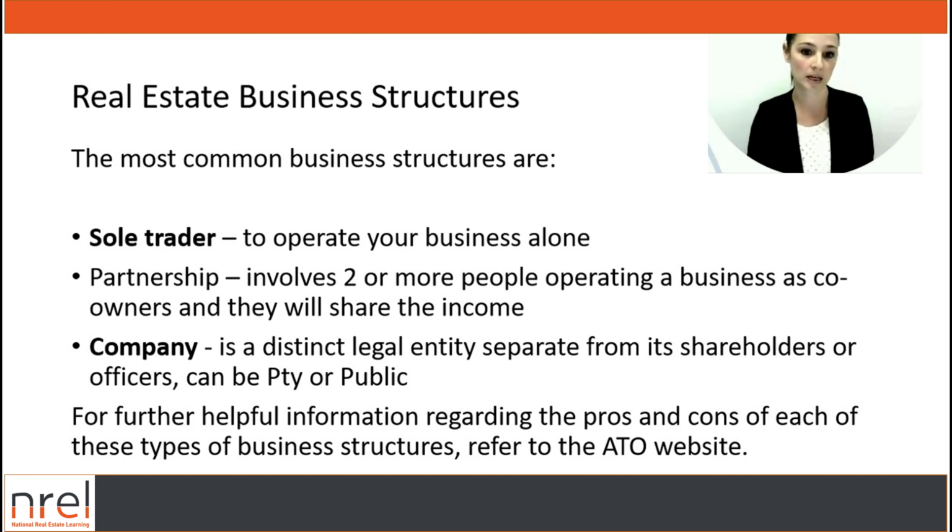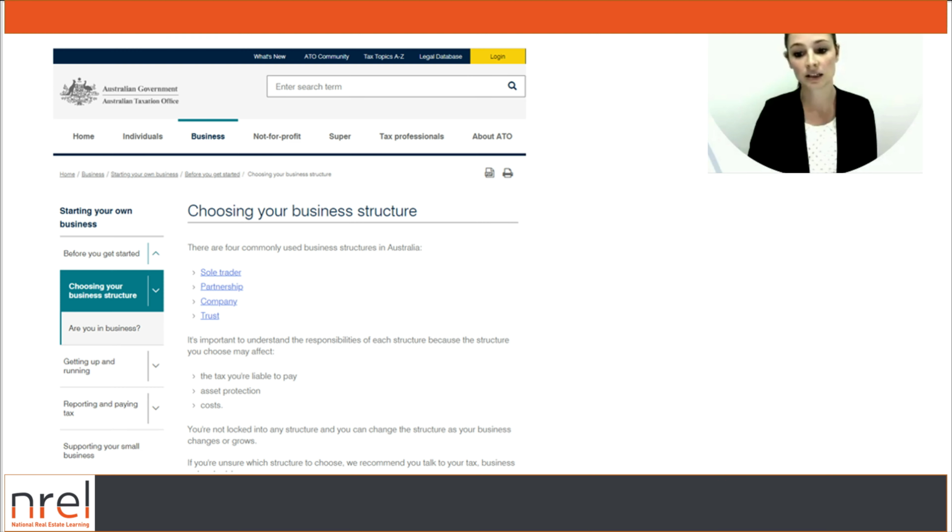Now for further information regarding these 3 different types of legal structures, please refer to this link that is on the ATO website. It provides you with information on the different advantages and disadvantages of those business structures. So this will help you with some of your assessment questions.